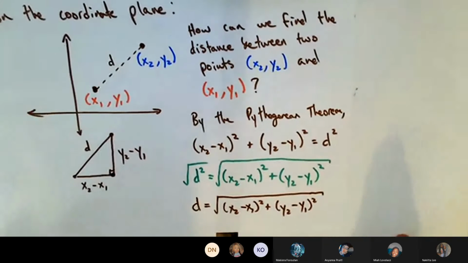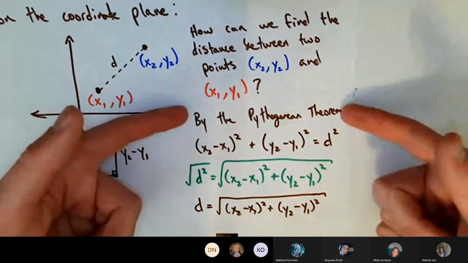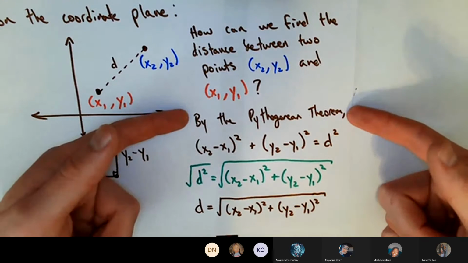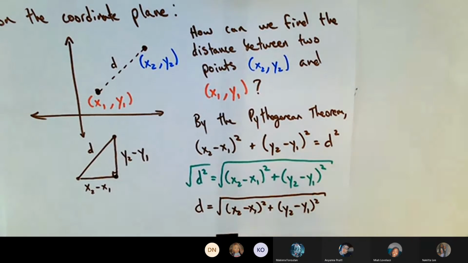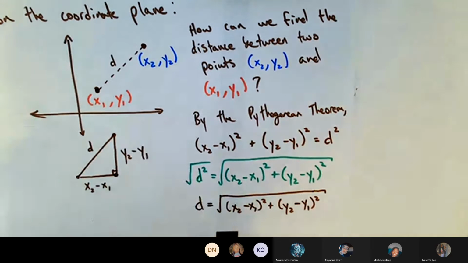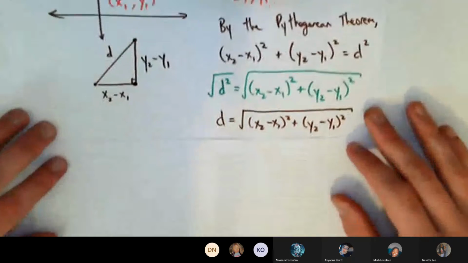But this is pretty straightforward, and the main piece of this proof is the Pythagorean theorem, which you've seen before. I can't really show you this formula without showing you that it really is just the Pythagorean theorem in 2 dimensions. This is the Pythagorean theorem, but on a coordinate plane, so in 2 dimensions.